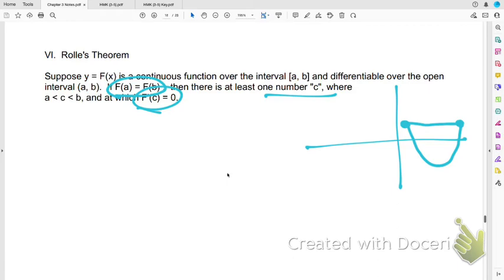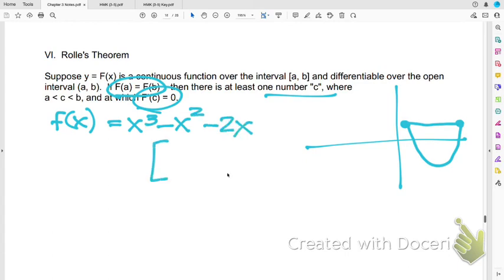Now, let's look at this example for us. F of x equals x cubed minus x squared minus 2x. And we are going to go on a very specific interval because I needed this to work out: the interval 0.445 to 1.8019. So if I want to prove that there's at least one point, it's the same setup as before.